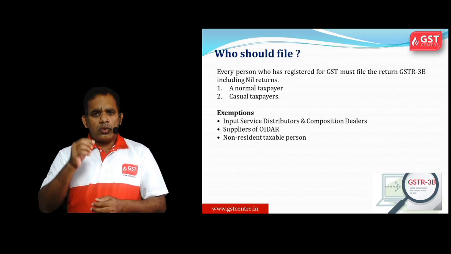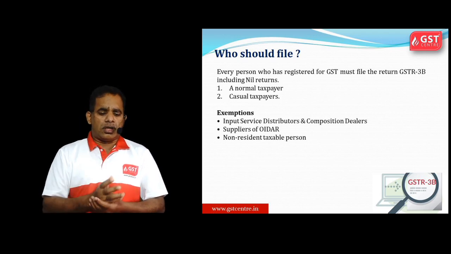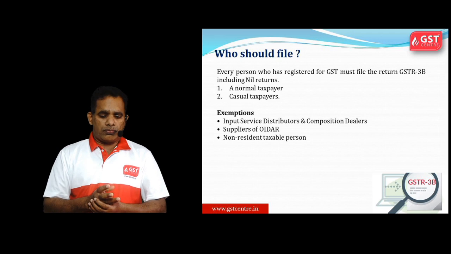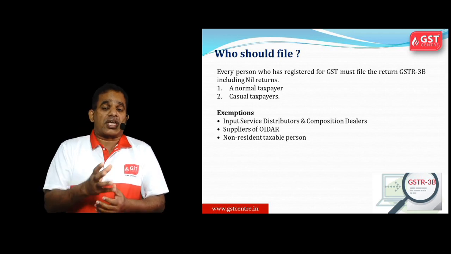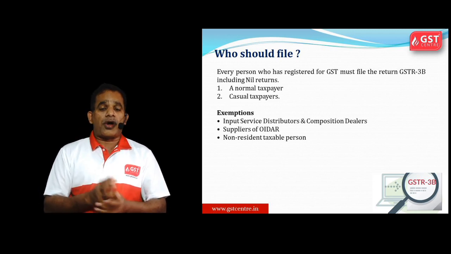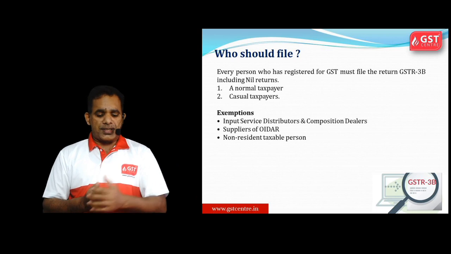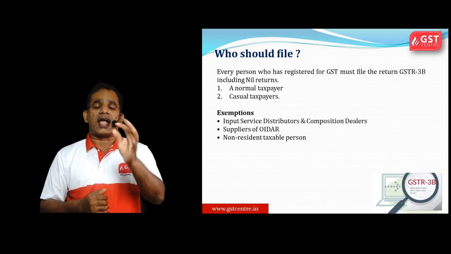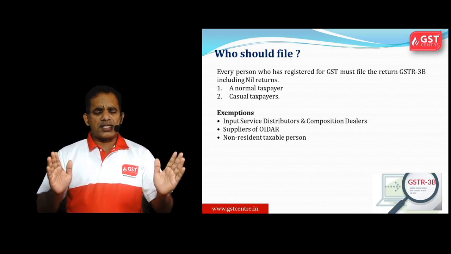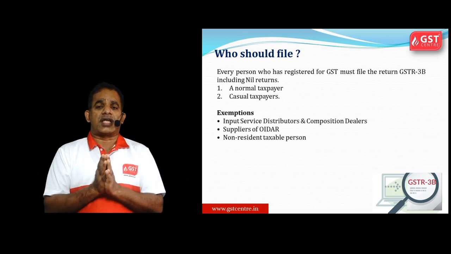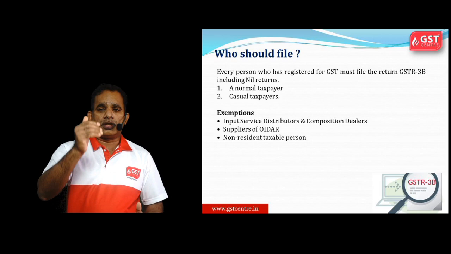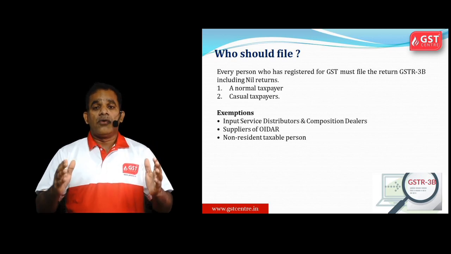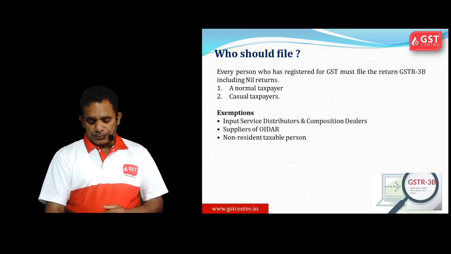Those not allowed to file GSTR 3B return are input service distributors, composition scheme persons, OIDAR service suppliers, and non-resident taxable persons. These persons are not required to file GSTR 3B return. So only normal taxable persons and casual taxable persons have to file GSTR 3B return.